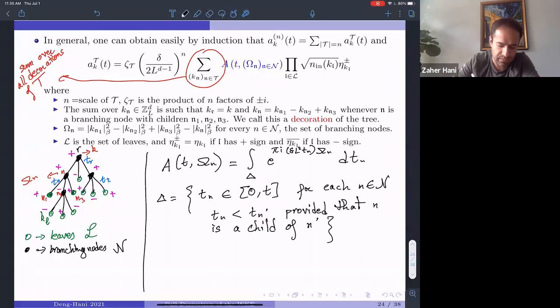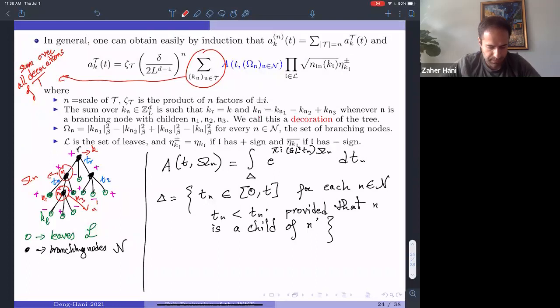So in this picture, if this thing over here is n, and this thing is n prime, then the time variable associated with n prime is less than the time variable associated with n. All of this is just inducting the obvious thing, which is repeating the Picard iteration. It's a way to write the Picard iteration.